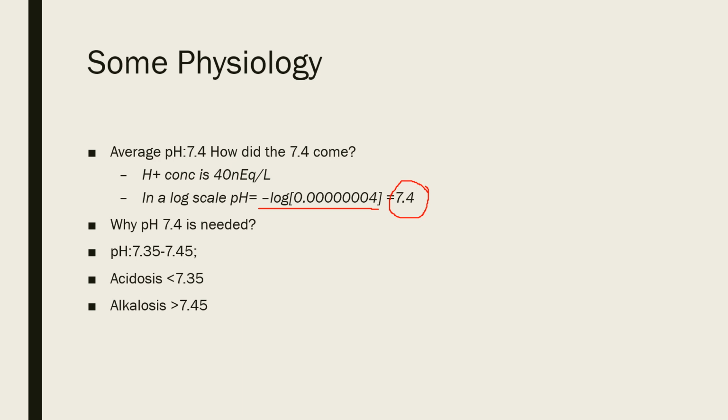But in an acidic environment, they become ionized, and hence they are not usable in a reaction. That is why this 7.4 is important, and it is tightly regulated between a narrow range of 7.35 to 7.45. Anything less than 7.35, even a 7.34, you call acidosis. Anything beyond 7.45, you call alkalosis.